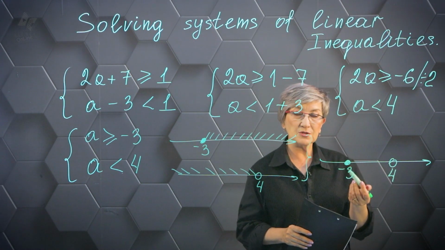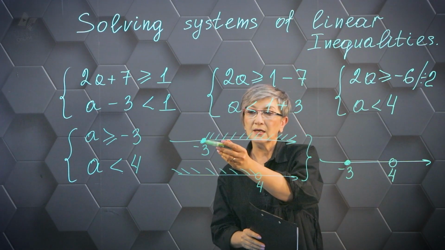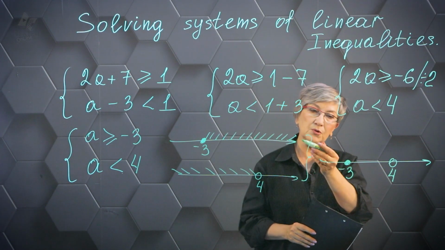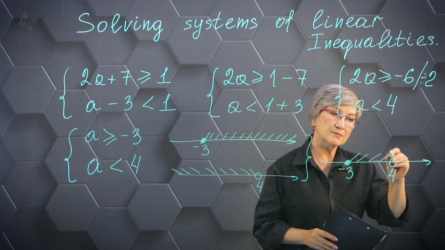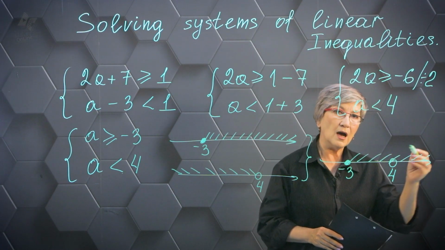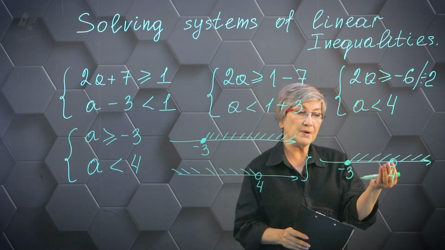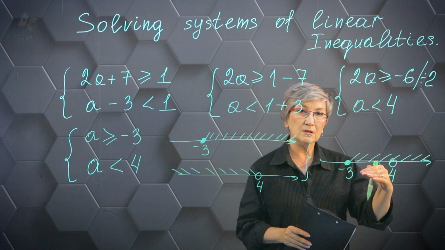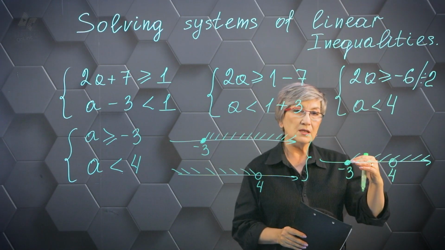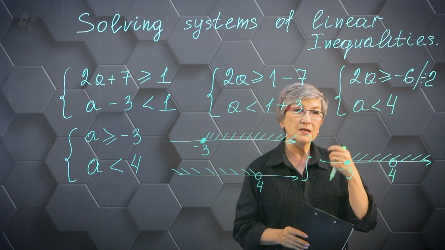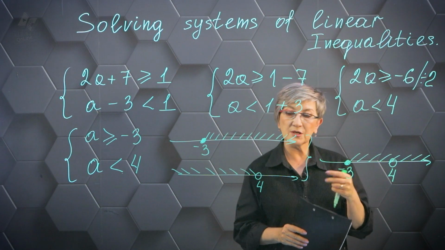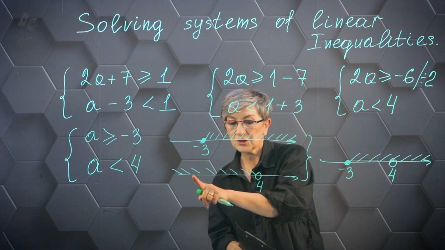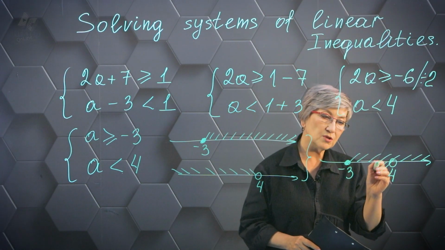Now let's illustrate the solution from minus 3 to positive infinity. I'll show the second inequality solution below the coordinate line. This helps us see where our solution overlaps. Less than 4. Let me show this below.